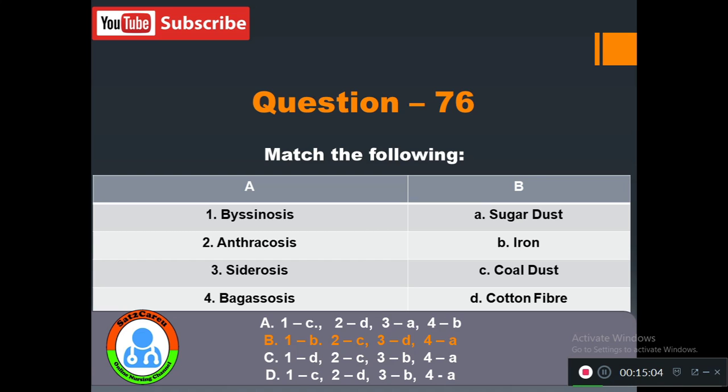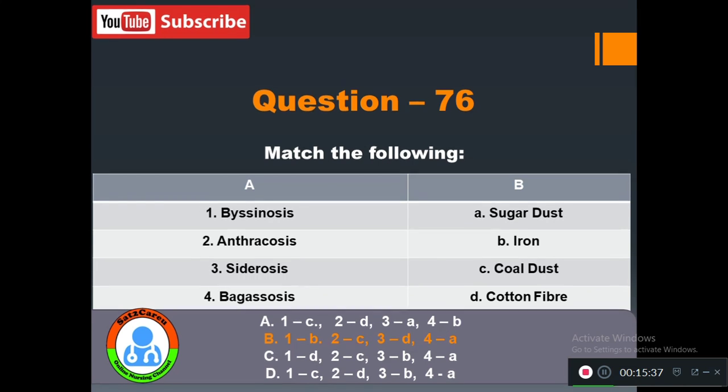The correct match: byssinosis is caused by cotton fiber, anthracosis is caused by coal dust, siderosis is caused by iron, and bagassosis is caused by sugar dust. So option B is the right answer.